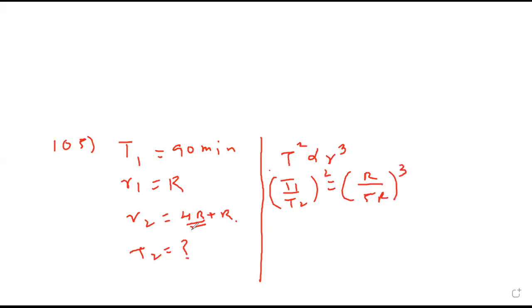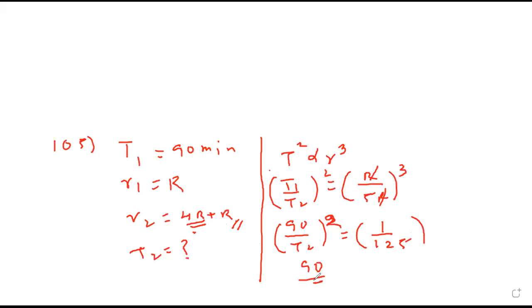Here is the only chance of mistake: you will take the distance as 4r, but from center it is 4r plus r, because 4r is from the surface. r cancels, 90 upon T2 whole square equals 1 upon 5 cube. 5 cube is 125.